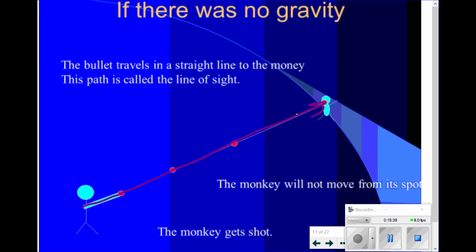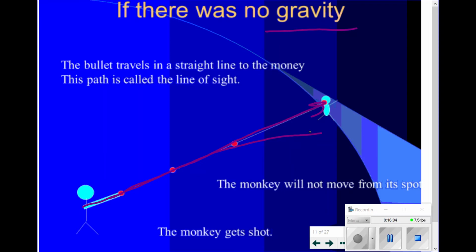And if there is no external force acting on it, such as gravity, then the velocity of that bullet would remain constant, with a constant speed and a constant direction, so it would simply hit the monkey exactly where he's at. But since there is gravity, that would have to arc down and it would miss the monkey if the monkey held on.